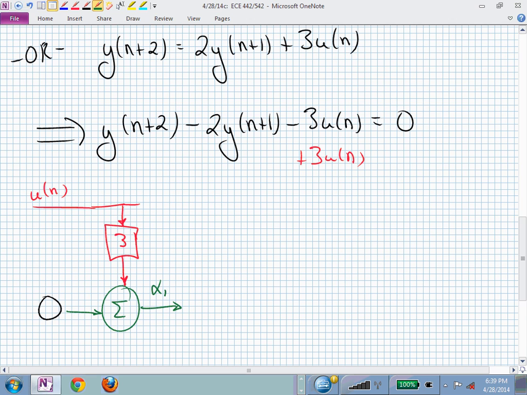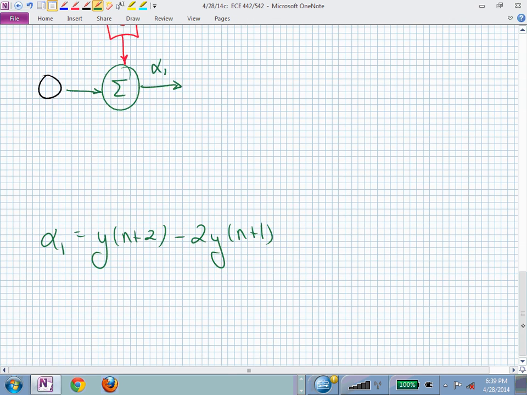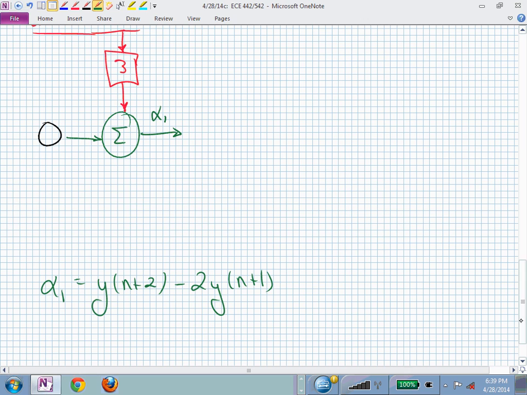I now added in a term, popping out as alpha 1, and I said I have y's and u's at the present time. Well, I can help myself if I now pass alpha 1 through a delay to generate alpha 2. What's alpha 2?